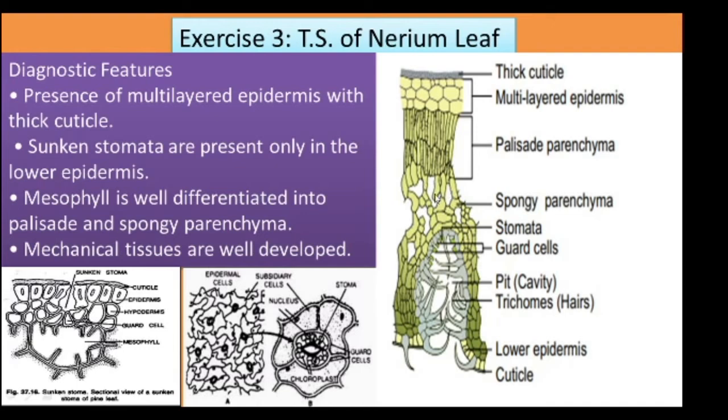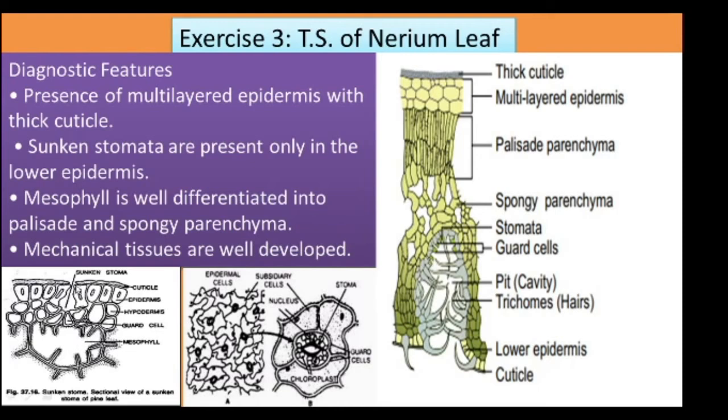Here you could see white spaces, which are air spaces. The air-filled parenchyma is called spongy parenchyma. The mechanical tissues, meaning xylem and phloem, are well developed here in this TS of Nerium leaf.